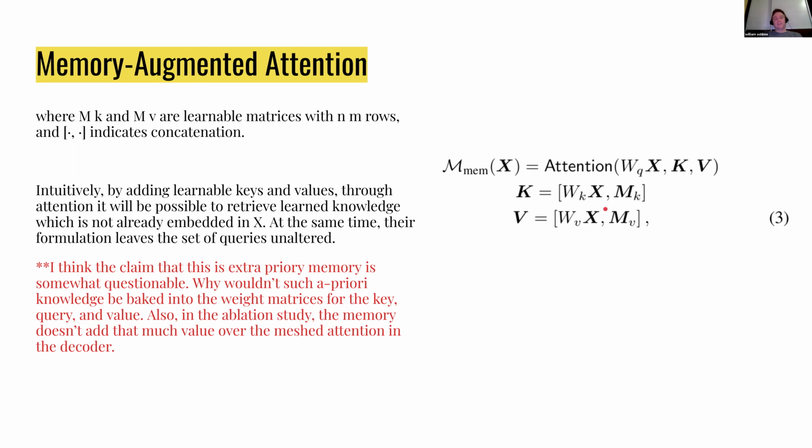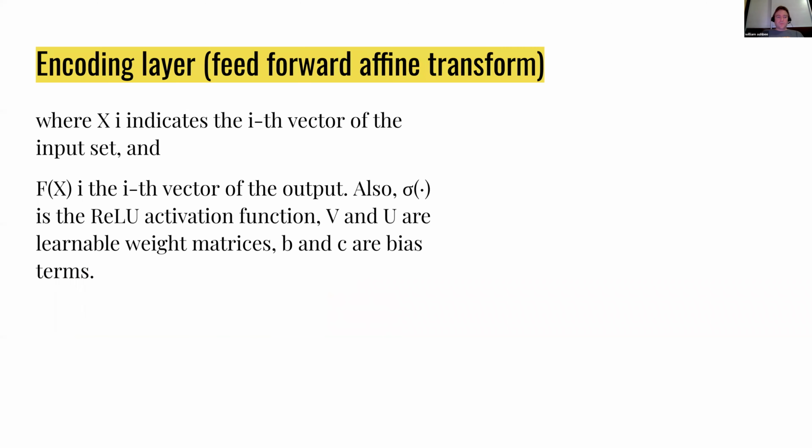That's for each layer, and so each layer has these memory values associated with the keys and values in their self-attention equations. And then you have the feed forward network after multi-headed attention that was standard in transformers. It's not new.